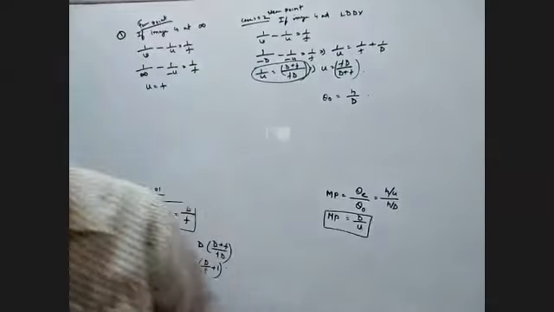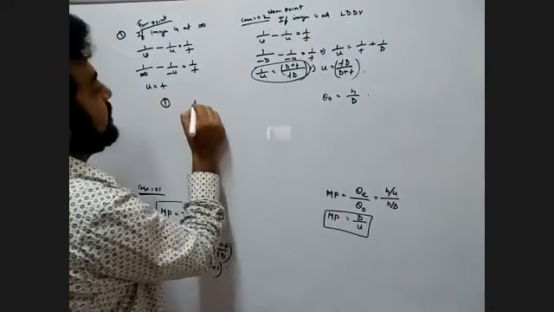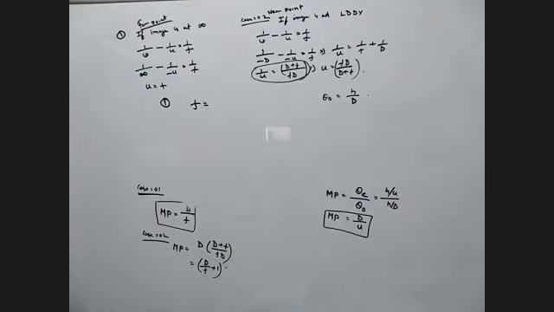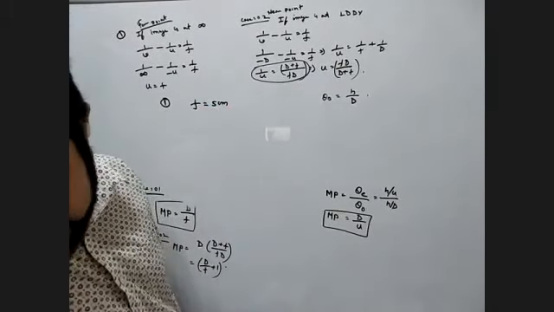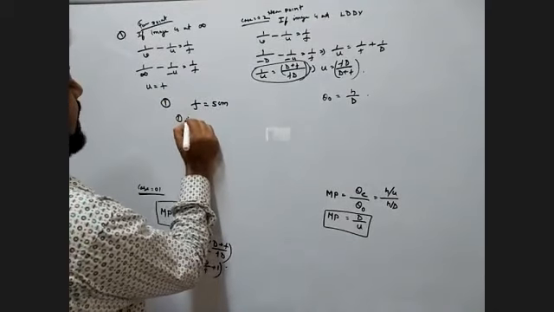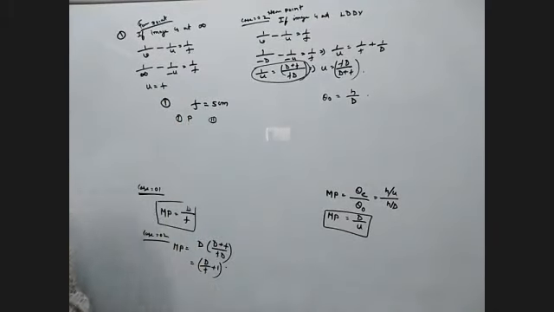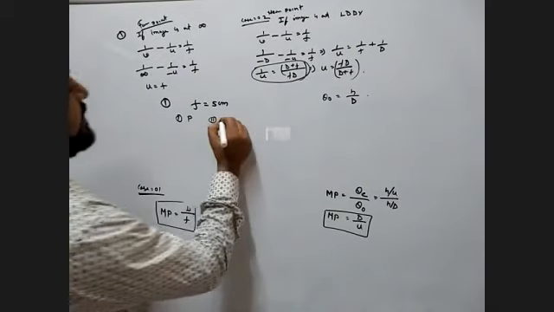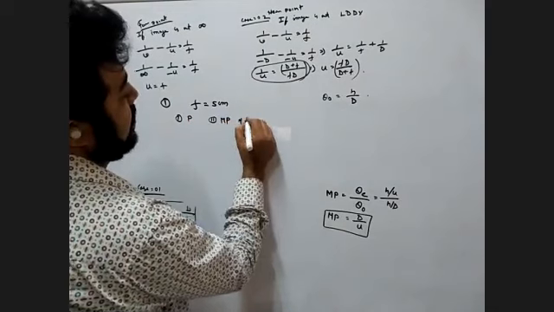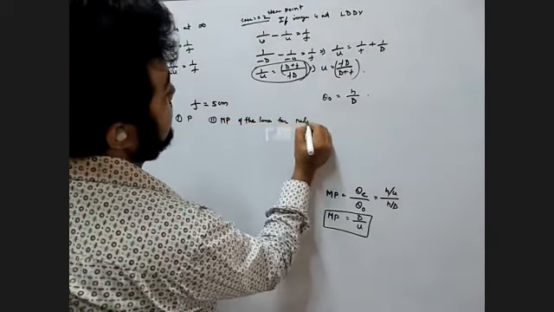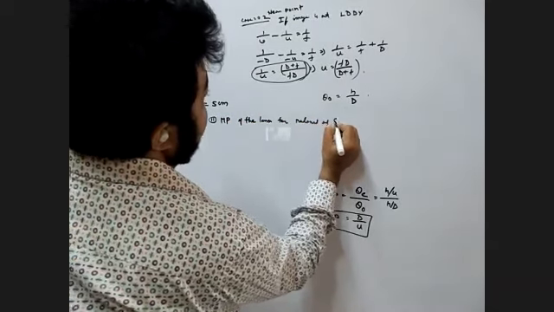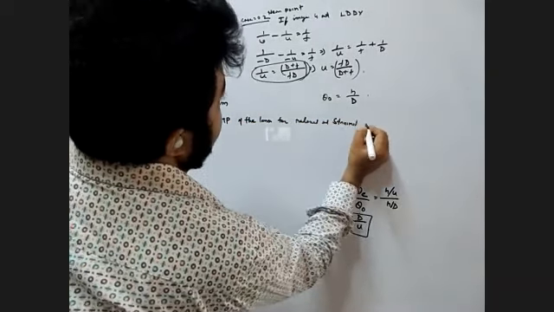Question number 1. If the focal length of a magnifier is 5 centimeter, calculate: number 1, power of the lens; number 2, magnifying power of the lens for relaxed and strained eye.